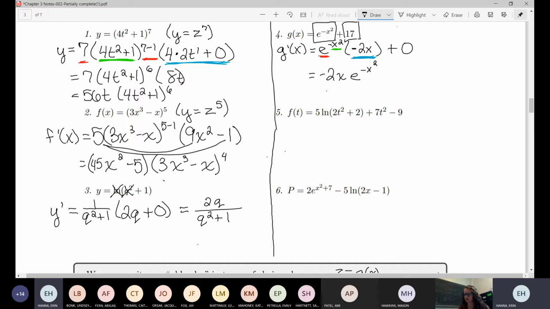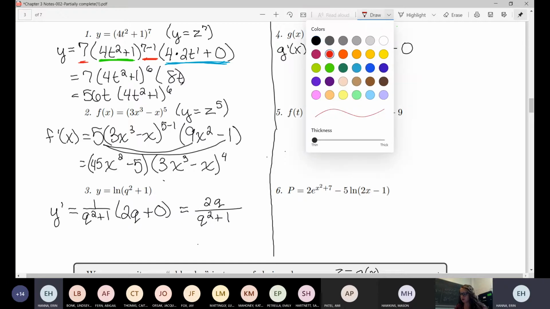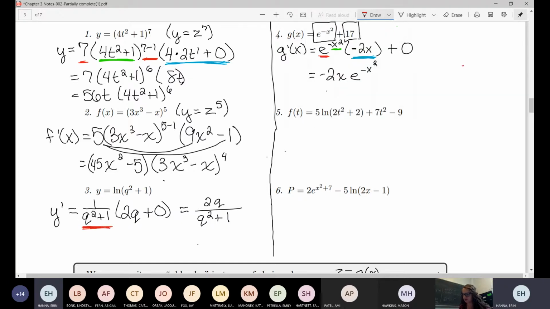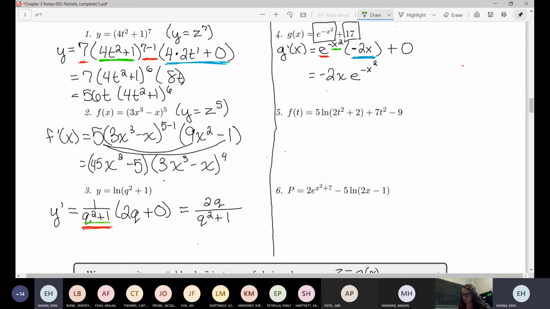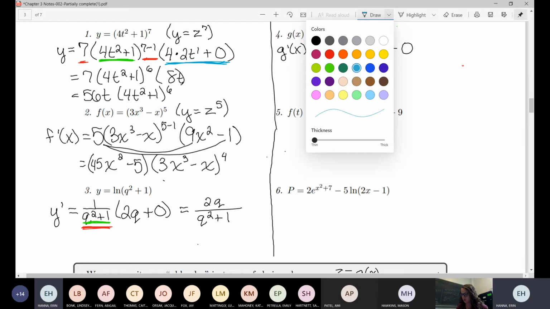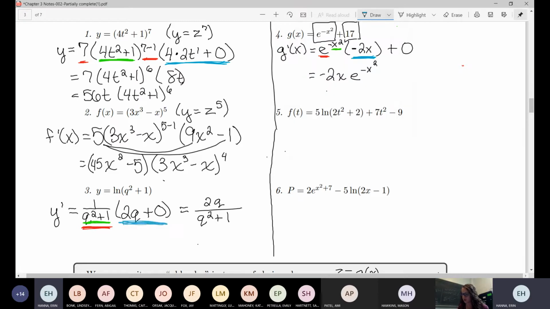We took care of the q squared and the plus 1, so there's nothing else to take the derivative of. Just to remind us, I was doing colors last time. That first part encompasses the first 2 pieces, the derivative of f and the original g prime. And this piece back here is the derivative of g, the derivative of the inside.